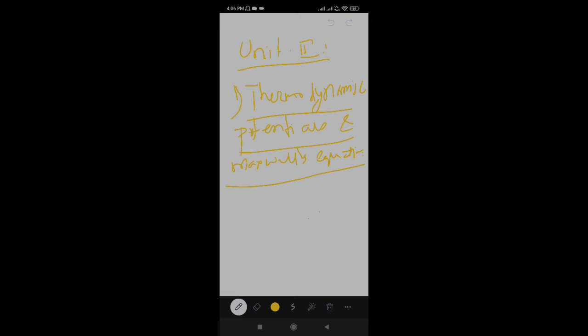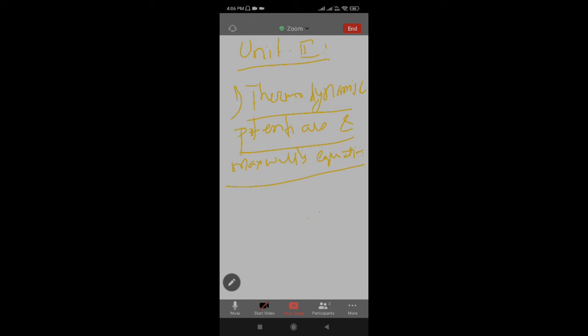Okay, what's our new lesson, the first lesson in Unit 2? Unit 1 is already over, 2 lessons are over. Now we are going to start the first lesson from Unit 2, that is thermodynamic potentials and Maxwell's equations.